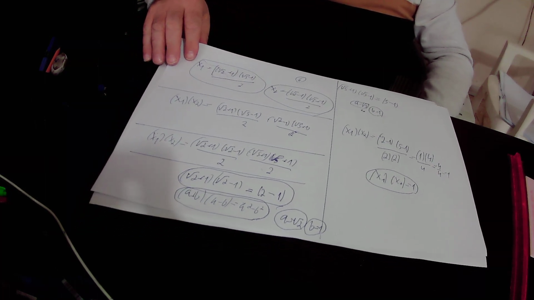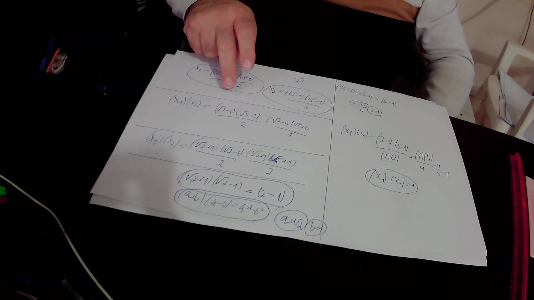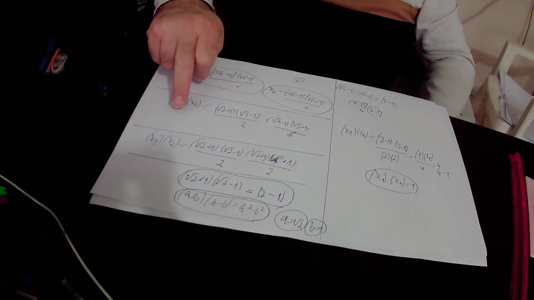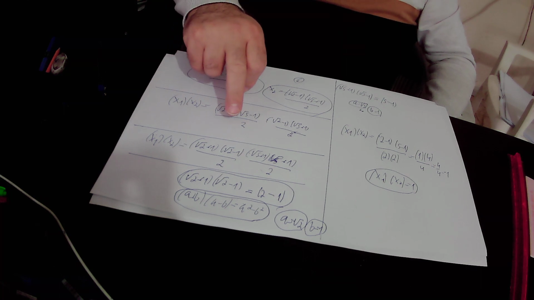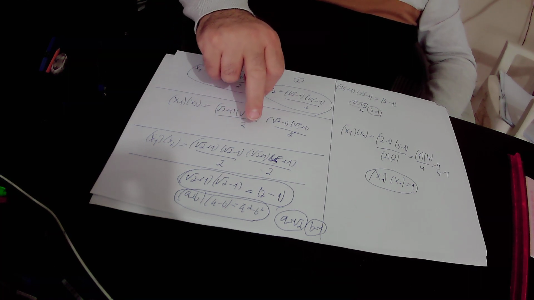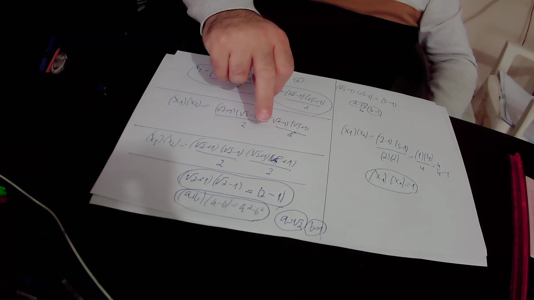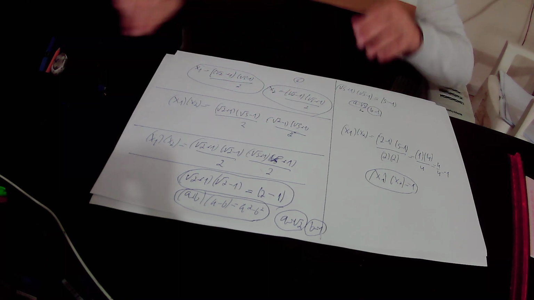Then I changed the order of this expression, and we got that x1 times x2 equals (square root of 2 plus 1) times (square root of 2 minus 1), over 2, times (square root of 5 plus 1) times (square root of 5 minus 1), over 2.